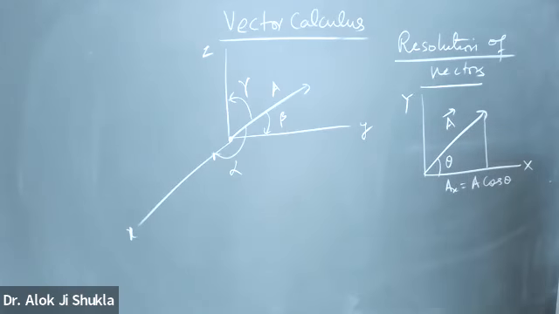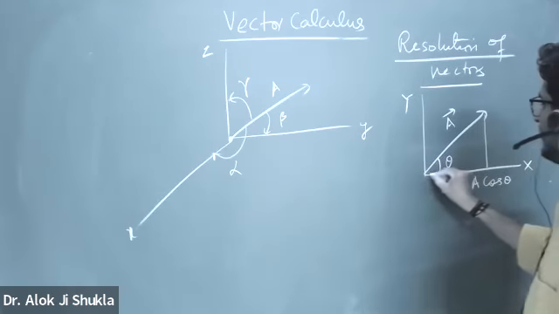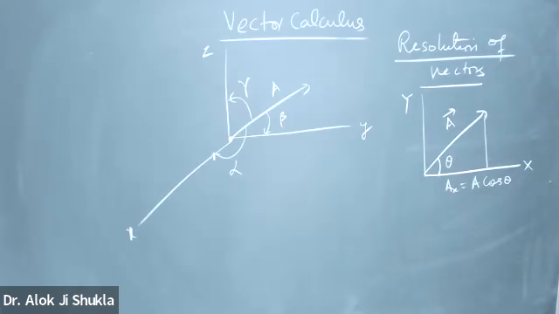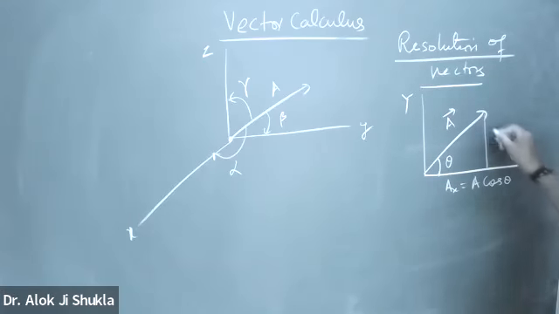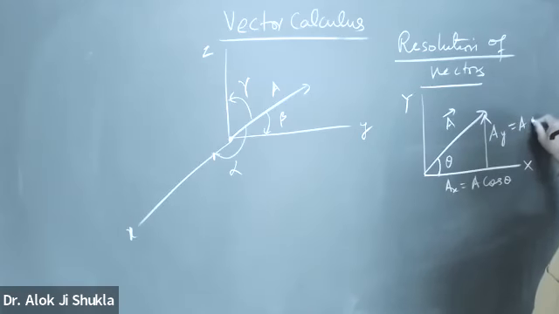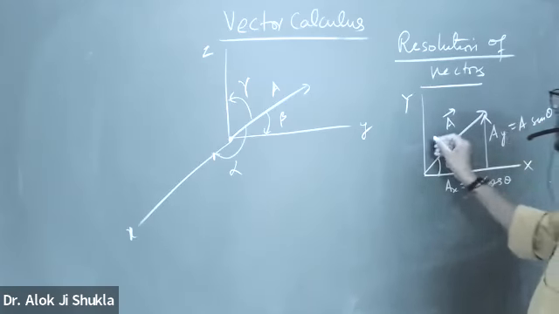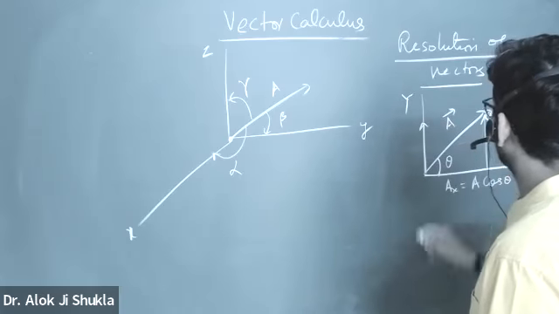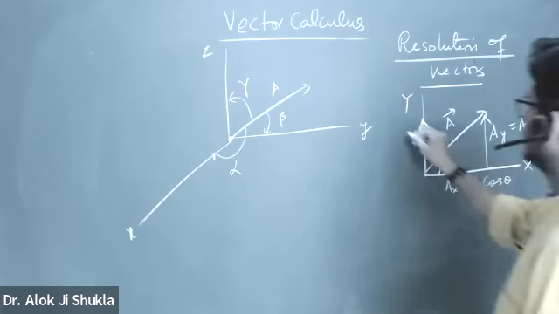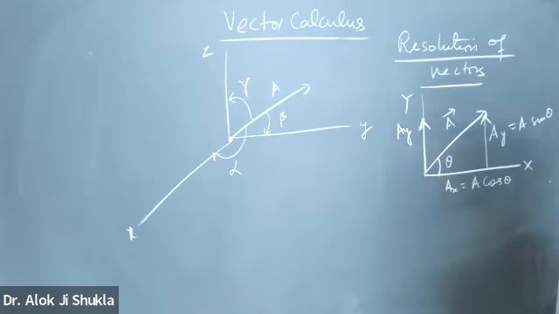This is used 1000 times in physics, right? जिसके साथ थीटा एंगल बन रहा है, that will be the cos component. अब EMT वगैरह में तो लगातार यूज होता रहता है. And this will be AY, that is A sin theta, and you can shift this vector here because parallel vectors are same in magnitude and direction. This will be AY, correct? This is called resolving the vector, getting the components.